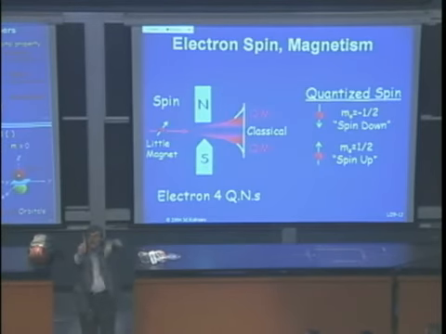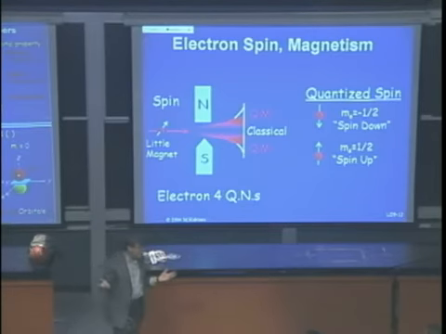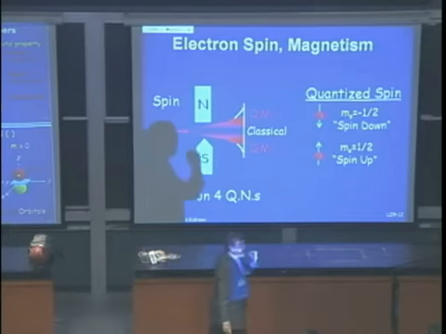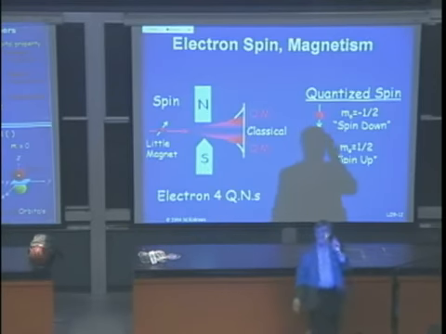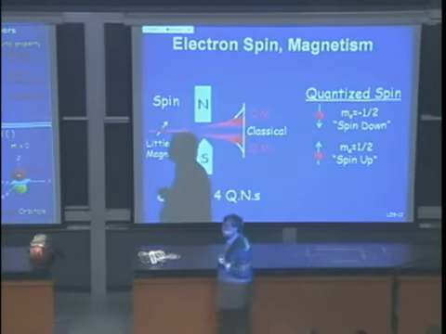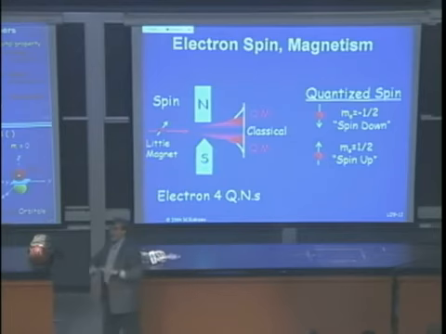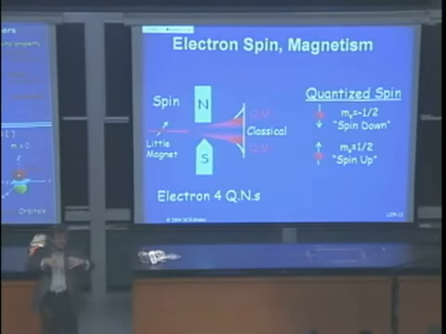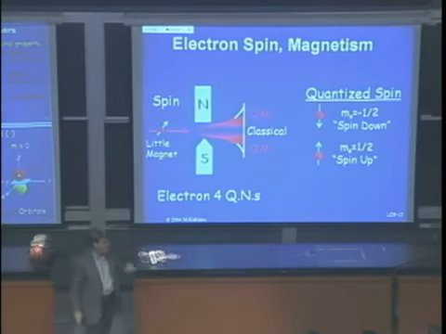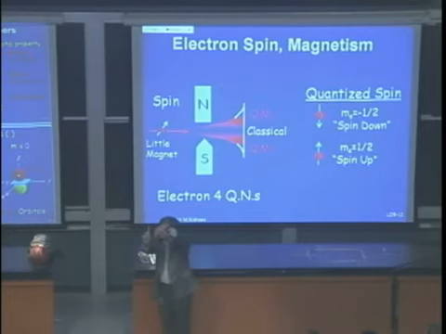It only can have this or this quantum state. So with this, you have two possibilities of filling electrons in an orbital. You have the energy, you have the shape, you have the orientation, and you can put a total of two electrons in one orbital. One up, one down.